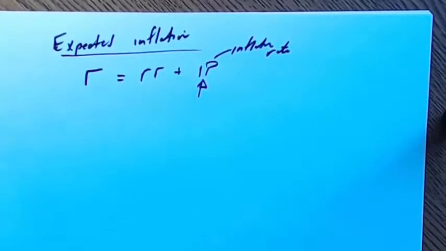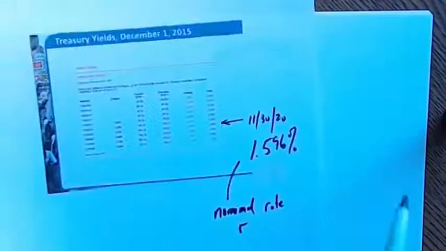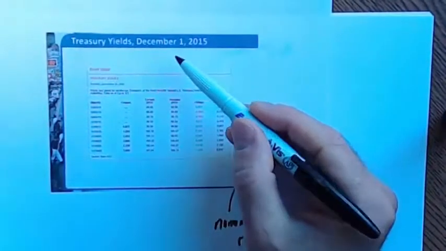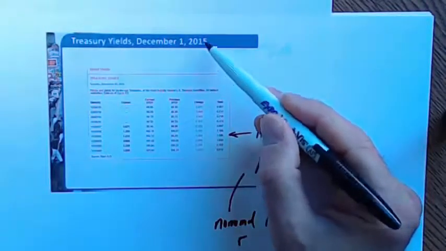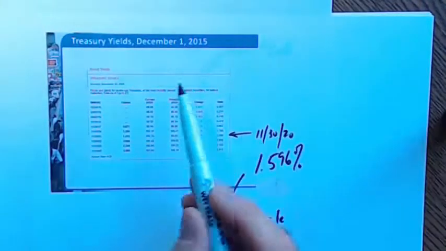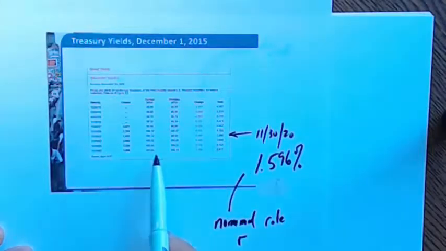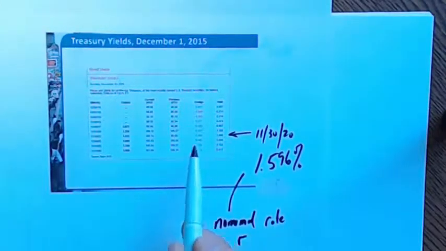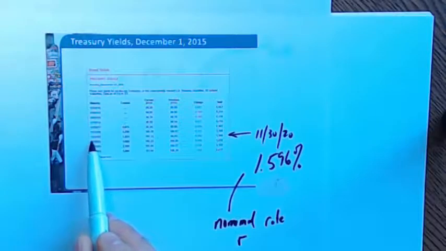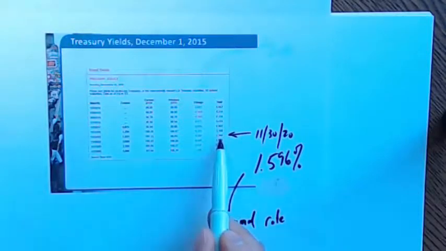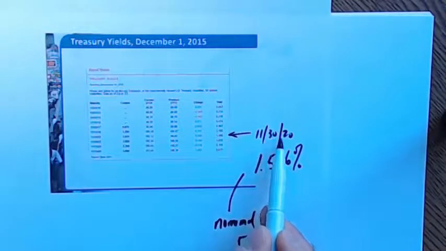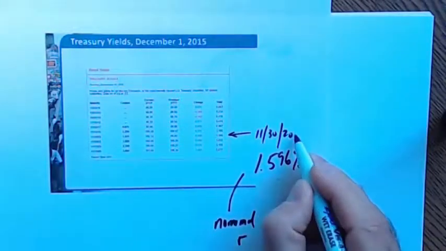Well, I have a slide here, for example, Treasury yields. This was as of December 1st, 2015. This came from the Wall Street Journal website. If you look here, you can't see it, but I wrote it out: November 30th, 2020.